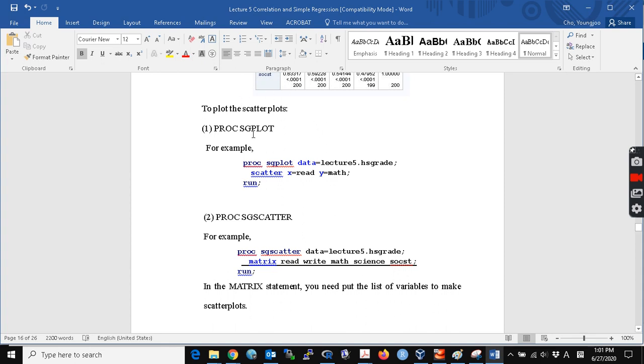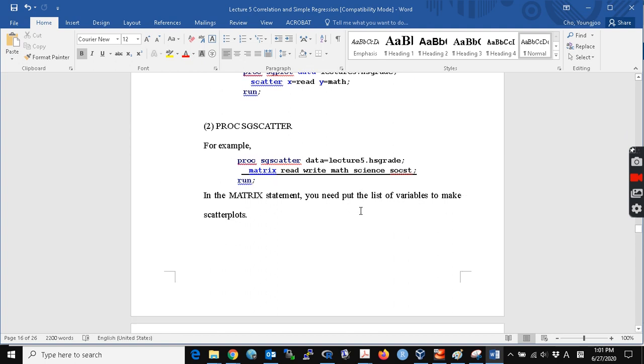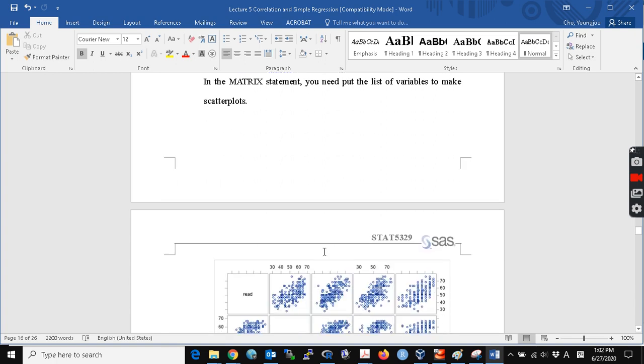To plot a scatter plot, you can use proc sgplot. You have the proc sgplot statement with the scatter statement, with x as the variable on the x-axis and y as the variable on the y-axis. If you want to create scatter plots for all variables, you can use proc sgscatter with the matrix statement, and specify all the variables in the matrix statement.